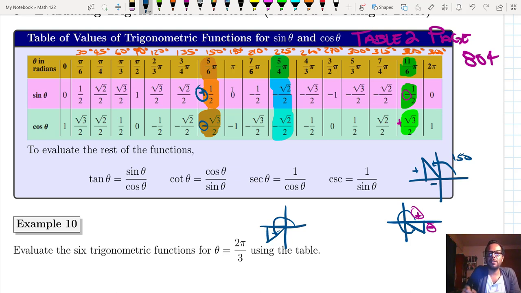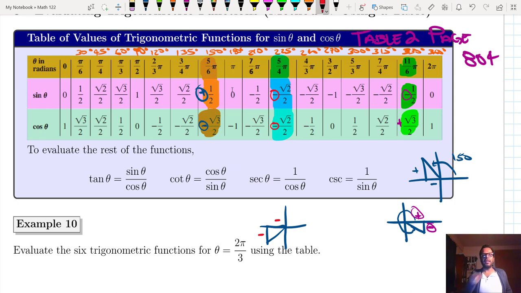Let me erase the curve only and keep the triangle. And that's negative and negative. Do you see both sides are negatives? That is reflected here. See the relationship between them?